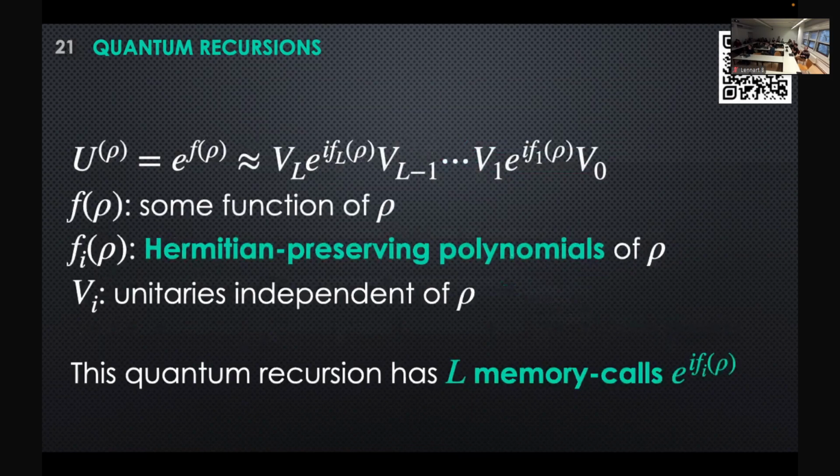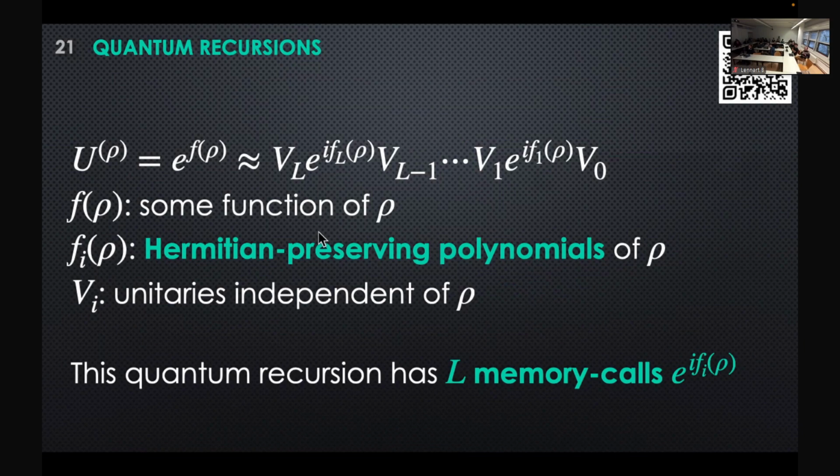Often this can be approximated by a product of unitaries, V naught, V1 to VL, where we know what they are, and they are fixed for any different rho. That's an approximation in operator norm, I suppose. Or sometimes the algorithm is just given in this form, like the dbKite.